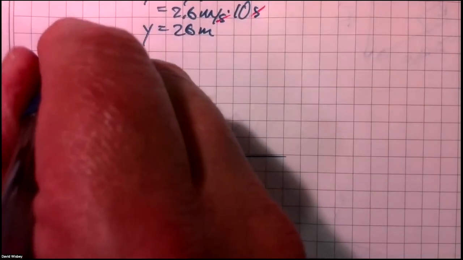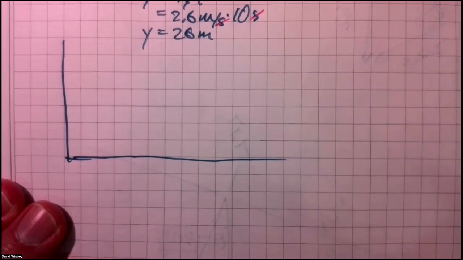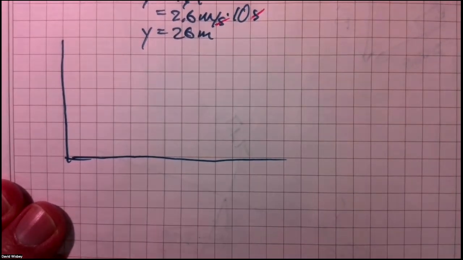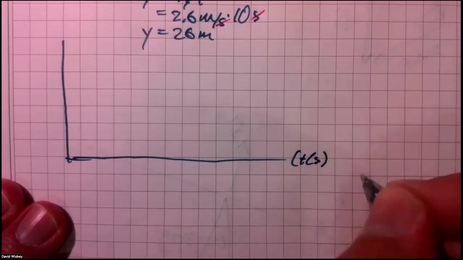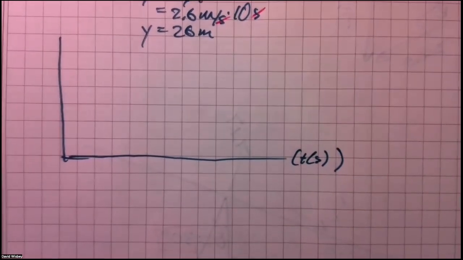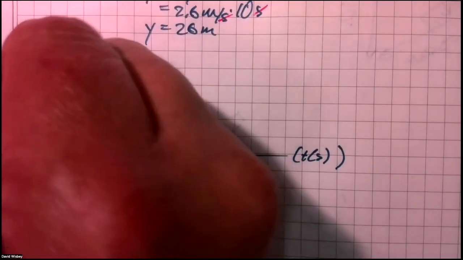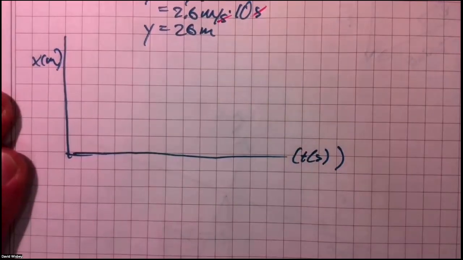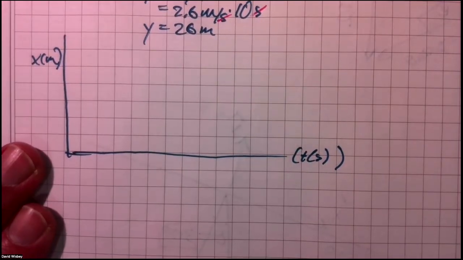We want to do velocity up the ramp as a function of time. So we're going to do position as a function of time. This will be X over here. We're going to do position, velocity, and everything.